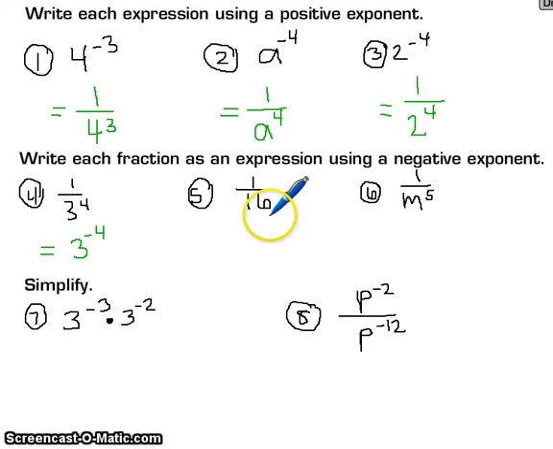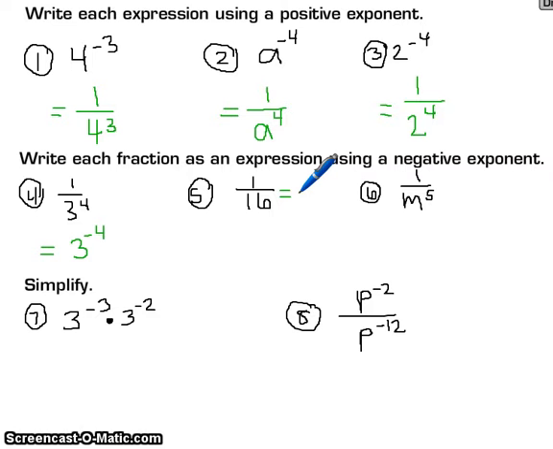Number 5, 1 over 16. Now, this actually doesn't have any exponents in it, but we can write that denominator as a number with an exponent. So let's do that first. So let's think about how can 16 be written as a power? Well, let's think about what times itself, or maybe times a few more of itself, to give us 16.